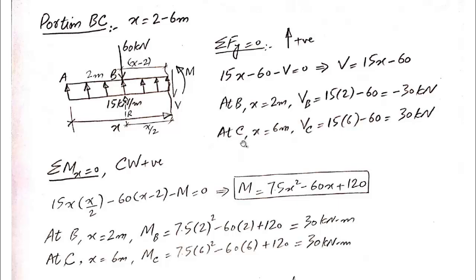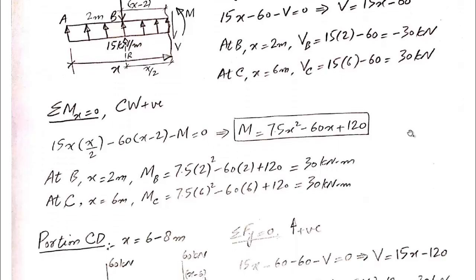Similarly, for point C, we will plug in the value in the same equation. Value of x is 6 meters, so V_C turns out to be 30 kilonewton. You can see that the signs are different. So this minus 30 will be plotted on the downward side of the zero line, and this plus 30 will be plotted on the upward side of the reference axis.